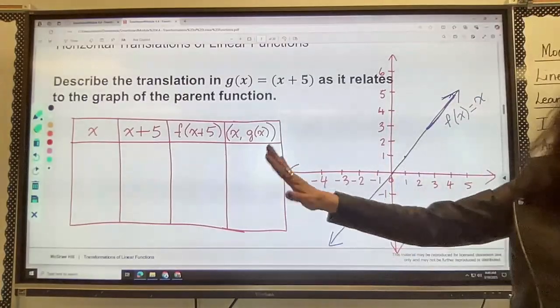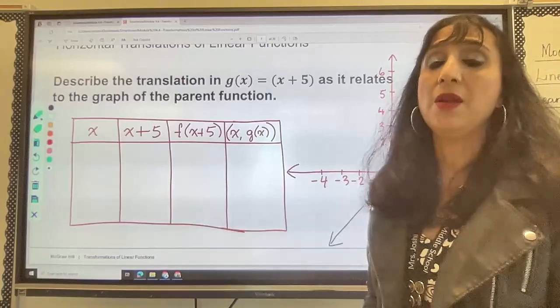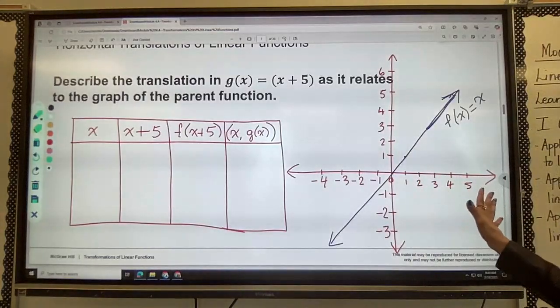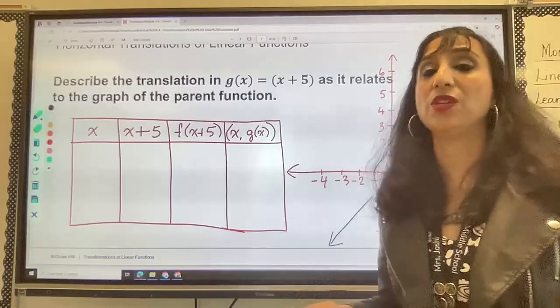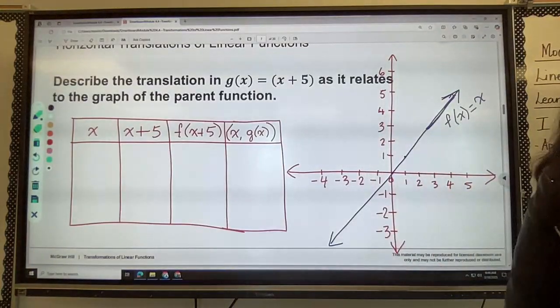So I've just gone ahead to save time. I've started creating a table, and I have created the graph of the parent function where y is equal to x, or f of x is equal to x. Okay, f of x is equal to x.